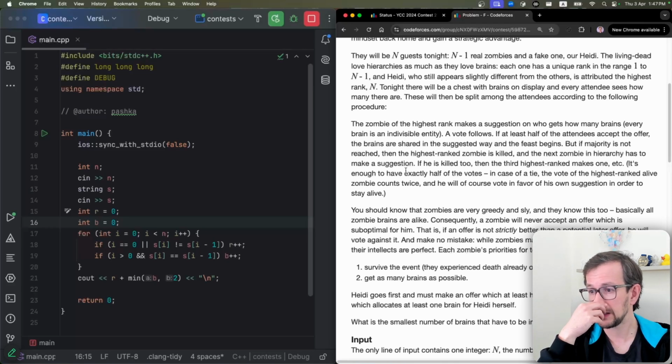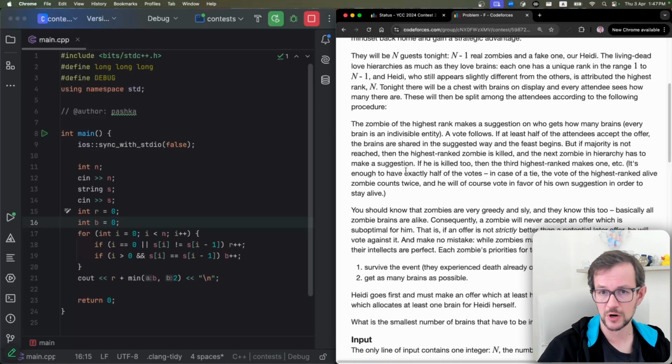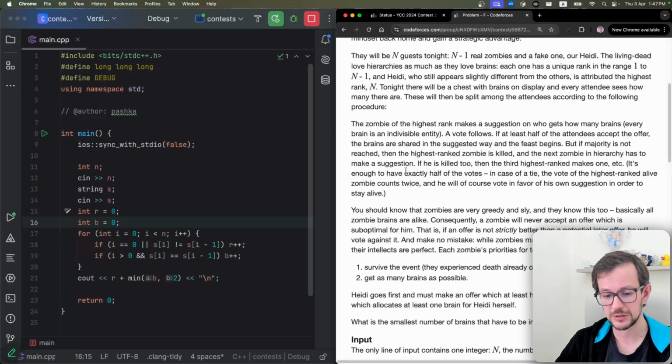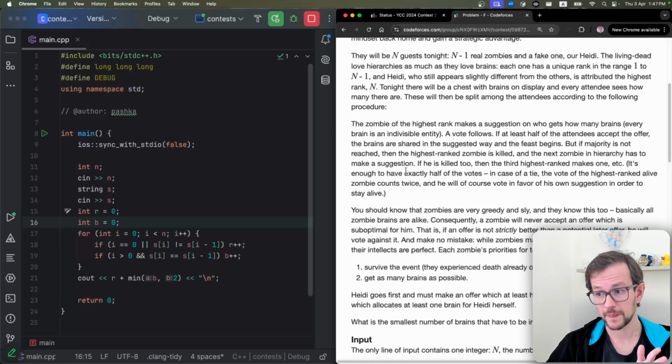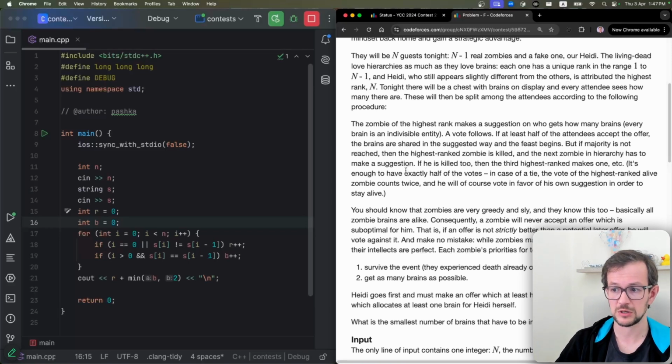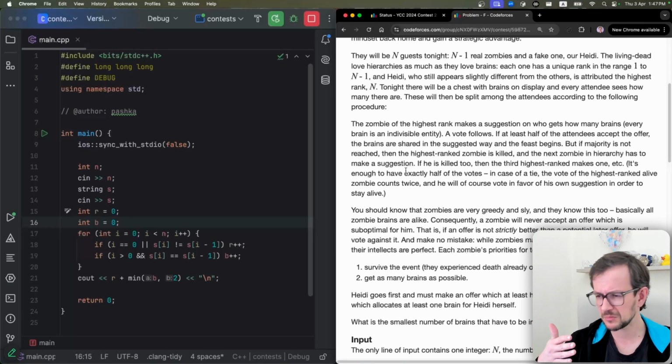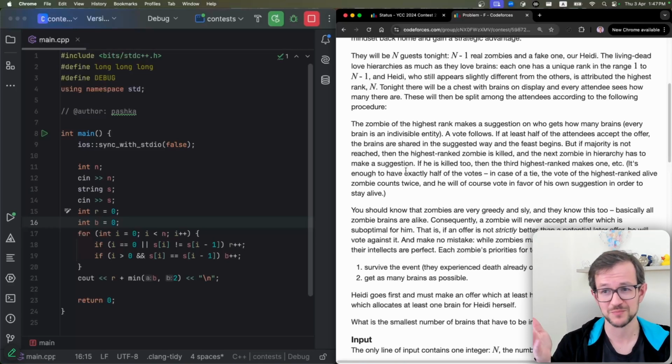Basically the strategy for every person is like this: every person wants to survive first, and if it is possible to survive, they try to get as many brains in this case, as much treasure, as possible.